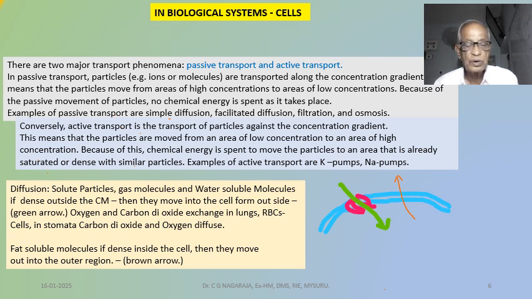Passive transport will take place between the intracellular fluid and the extracellular fluid, or maybe within the cells in the regions, especially of the cellular ingredients, or what we call organelles. In the passive transport of molecules or particles, no energy is required. That's why it's called passive.